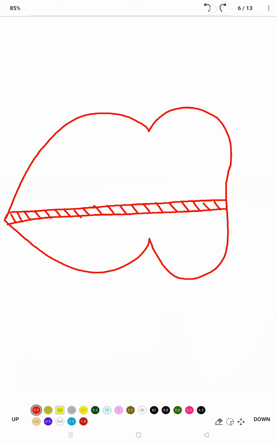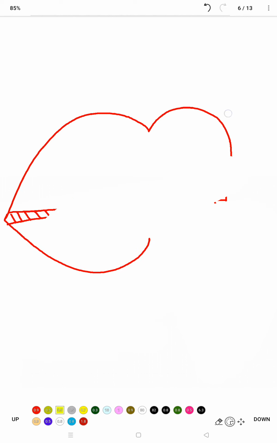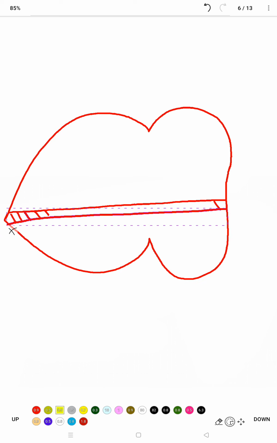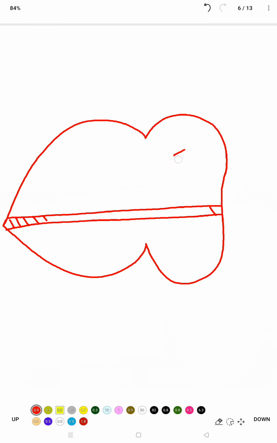Okay. So now if we try to draw the valves of the heart, then we can see in between the right atrium and right ventricle, the tricuspid valve is present, like this.